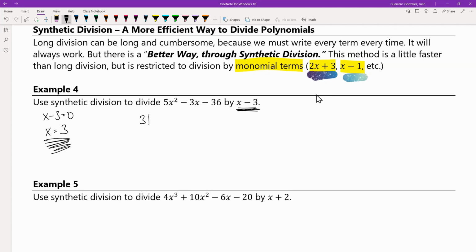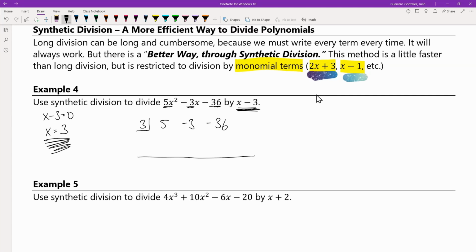I put the 3 in the little box, and then I grab every one of the coefficients up front. Let me move that down a little bit so I can have more space. 5, minus 3, minus 36. And then I like to put my line down here.